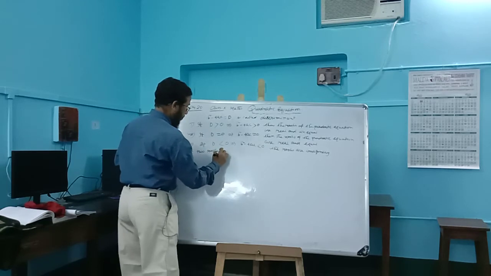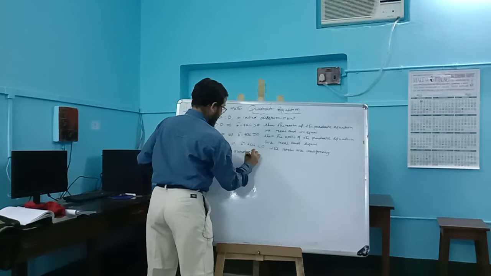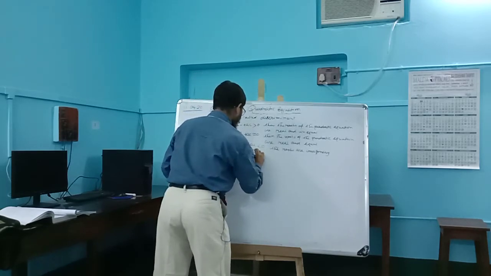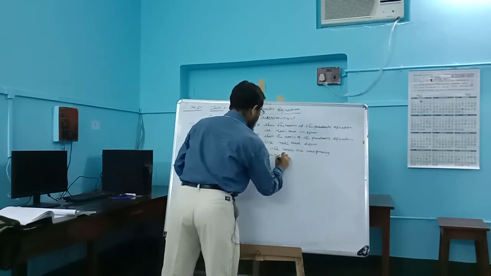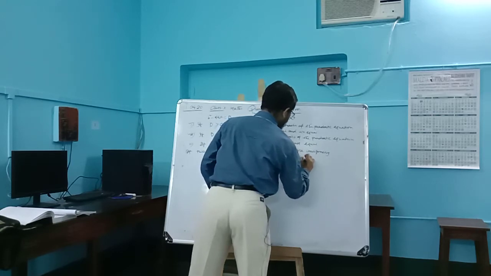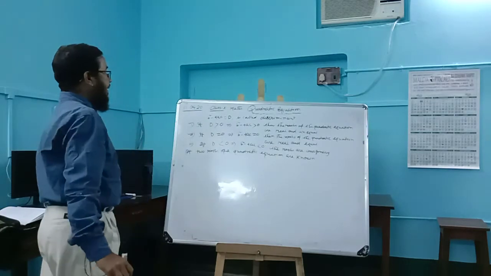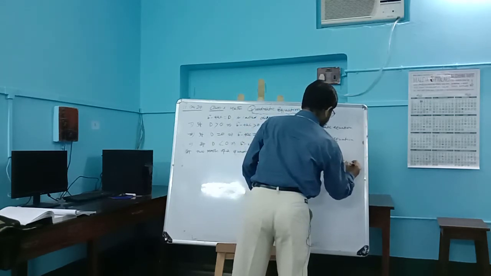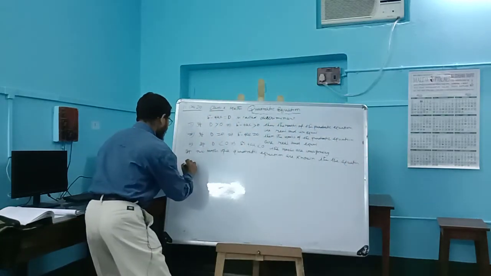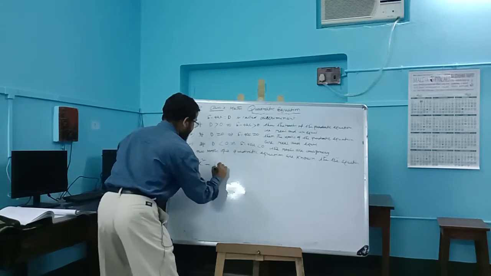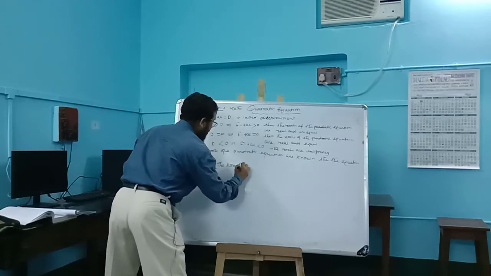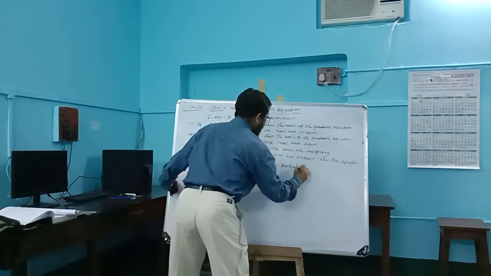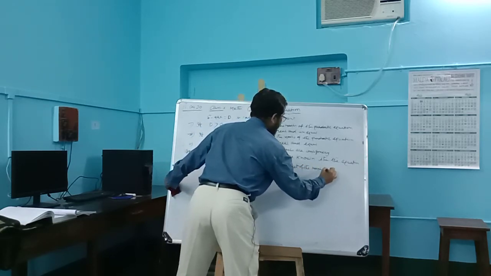If two roots of a quadratic equation are known, then the equation is x square minus the sum of the roots into x plus product of the roots equal to 0.